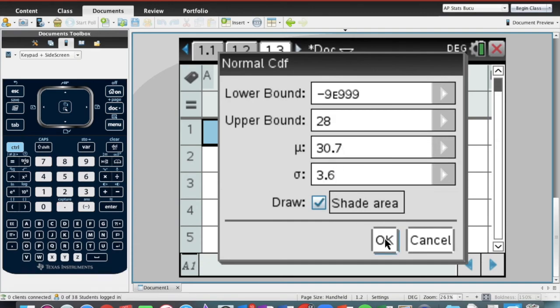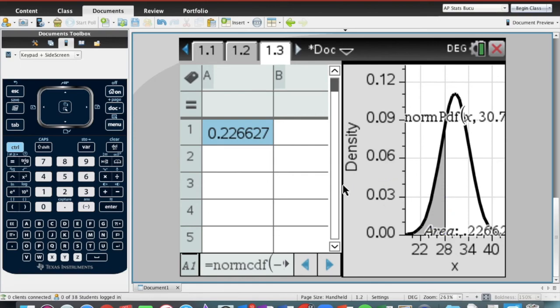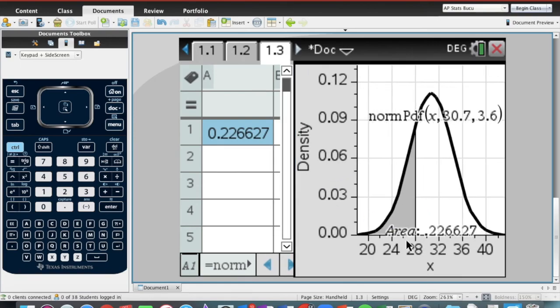Also shading the area. And once again, we see the exact same area that we calculated, but this time factoring in that the mean is 30.7 and 3.6 is the standard deviation and all the values associated with it.